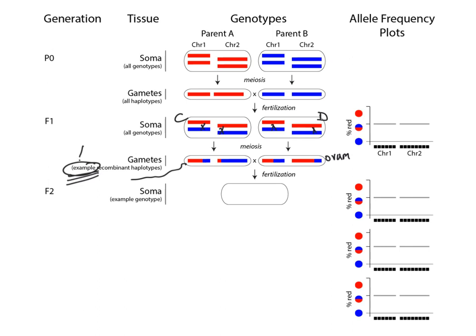And like before, we know, based on how I've drawn these gametes, what the F2, their offspring of C and D, the F2 child, grandchild of the P0 generation as well, will look like. It'll be the 2 copies of chromosome 1 and the 2 copies of chromosome 2.